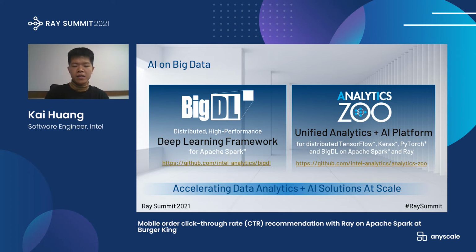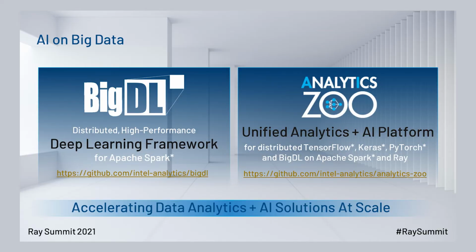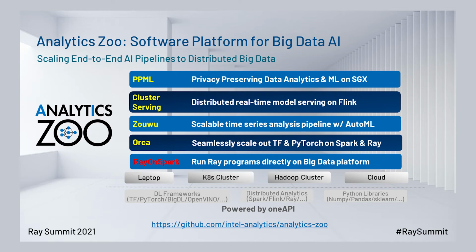That is to say, deep learning applications written in BigDL are standard Spark applications and can directly run on existing Spark or Hadoop clusters without modifications to the cluster. We have also done lots of optimizations so that BigDL can achieve both outstanding performance and good scalability on CPU clusters. Later in 2018, we further open sourced Analytics Zoo, a unified data analytics and AI platform for distributed TensorFlow, Keras, and PyTorch.